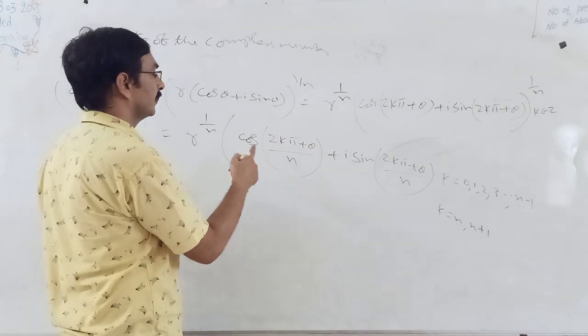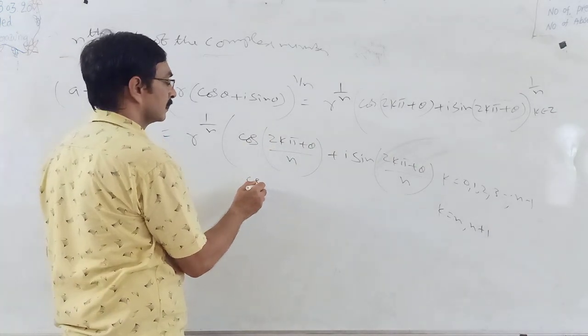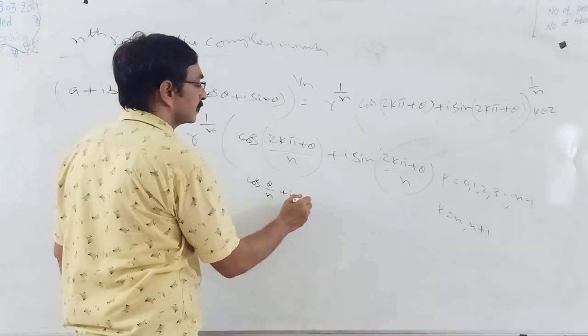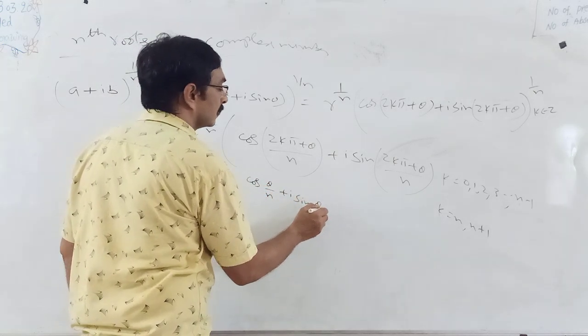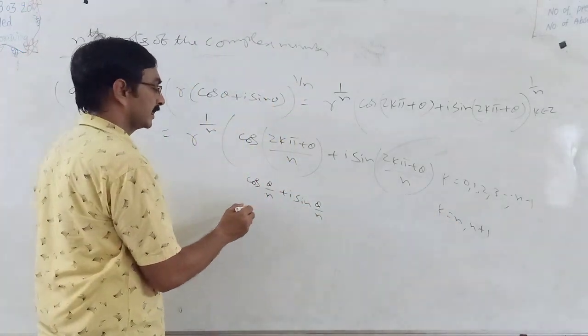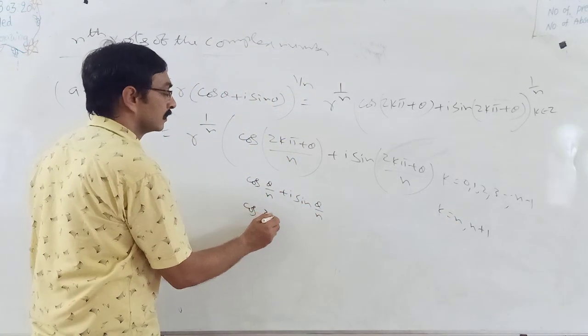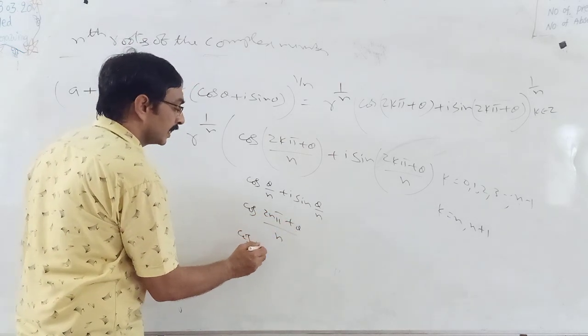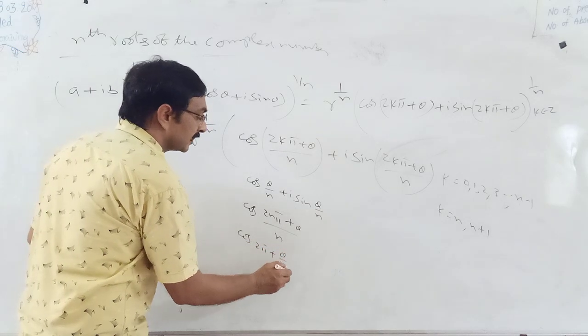When k is 0, this is cos theta by n plus i sin theta by n. If we take k as n, cos of (2n pi plus theta) by n equals cos of (2 pi plus theta by n).